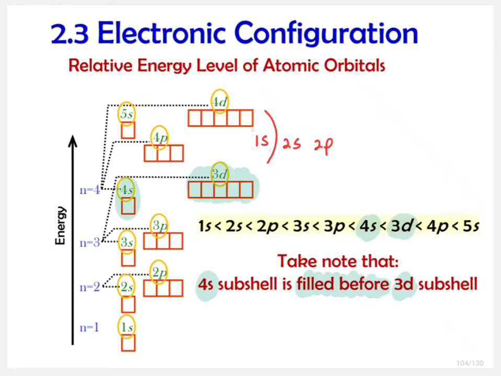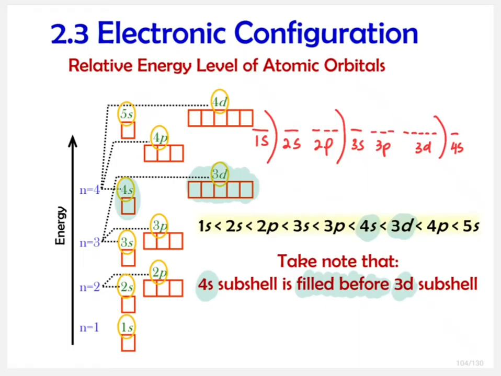Contoh 1s kita ada 1 orbital, 2s 1 orbital, 2p kita ada 3 orbital. Then kita pergi tingkat 3. Shell yang ketiga, kita ada 3s, 3p dan 3d. Naik lagi satu tingkat, energy level yang keempat, kita ada 4s, 4p, 4d and so on.